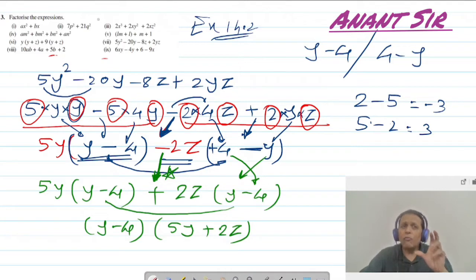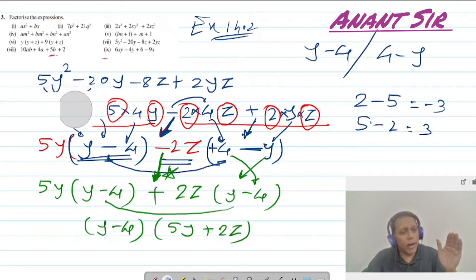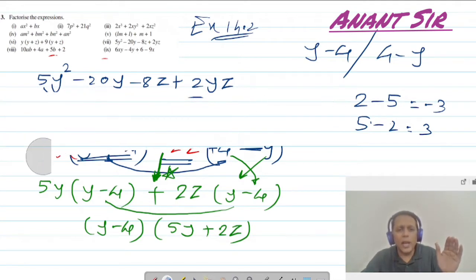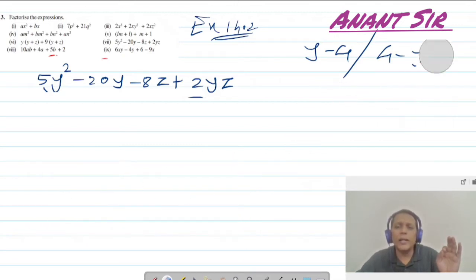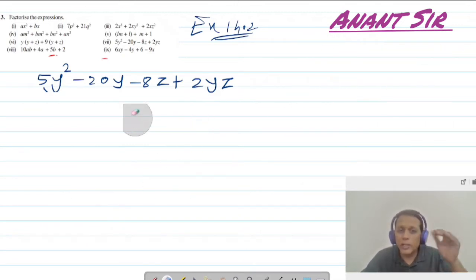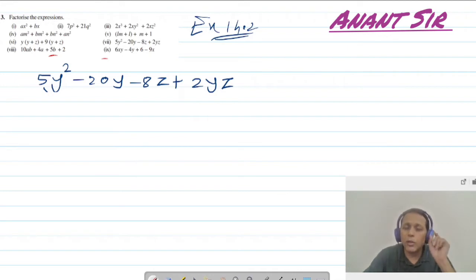Or what you could have done is, I am going to tell you the same question by a different method. Okay. See, by just looking at the question, you can understand that there is going to be some problem while solving. How can you see that just by looking at the question? See, in the first two terms, the first one was smaller and the second one was bigger. 5 is smaller than 20.